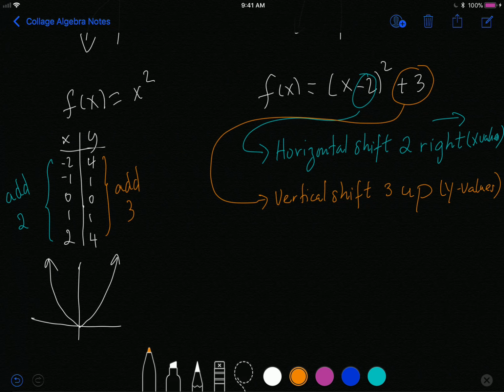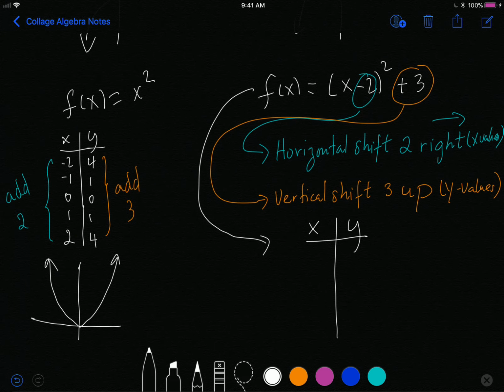And so I have to create a new table of values for this function. But I am not going to do the traditional way of taking a number x and plugging it into the equation. I'm going to take a shortcut.